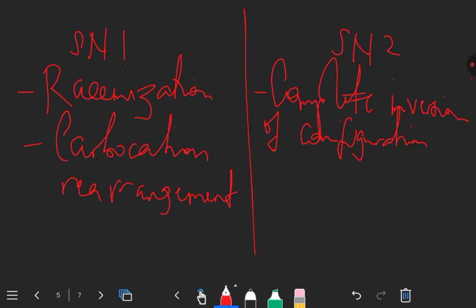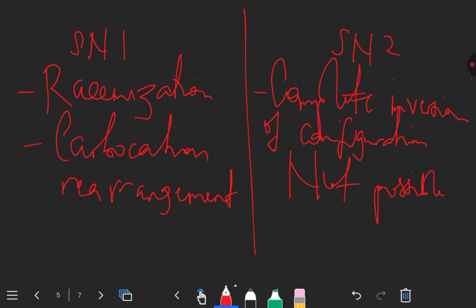Okay, so there is a carbocation rearrangement in SN1, but in SN2 there is no carbocation rearrangement. So in this type of reaction, it is not possible.